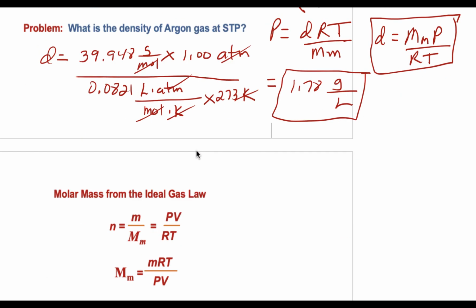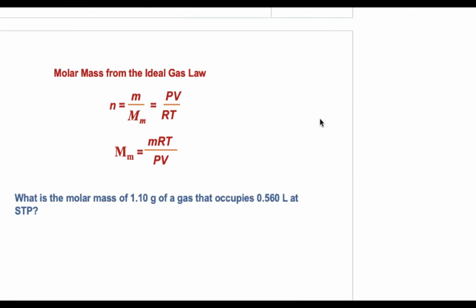Next, we'll take a look at the molar mass from the ideal gas law. And again, we start with the ideal gas law, PV is equal to nRT. And of course, n is the mass of the substance divided by its molar mass. So we substitute that in for n.